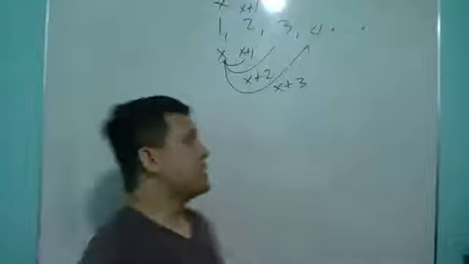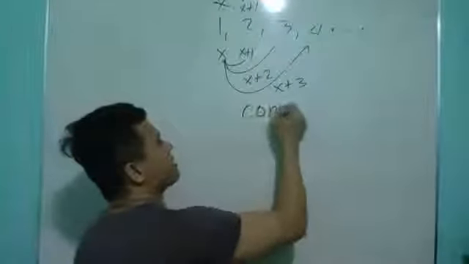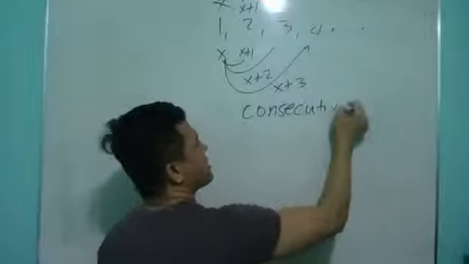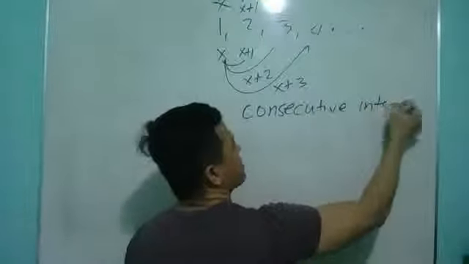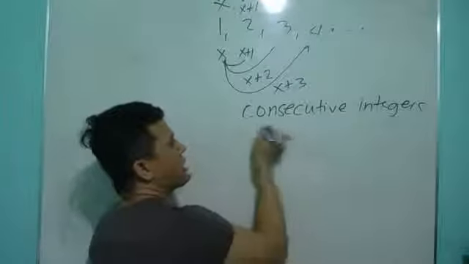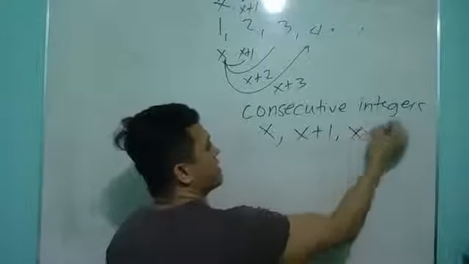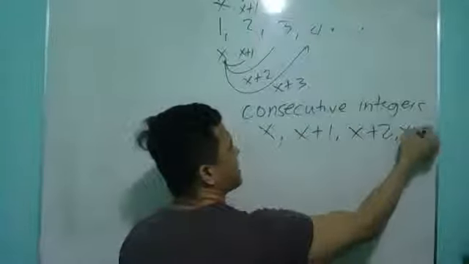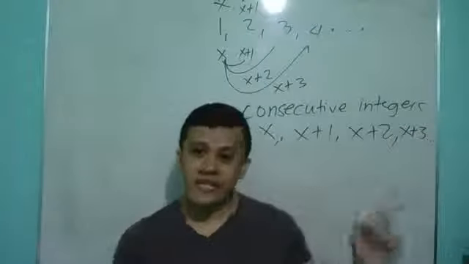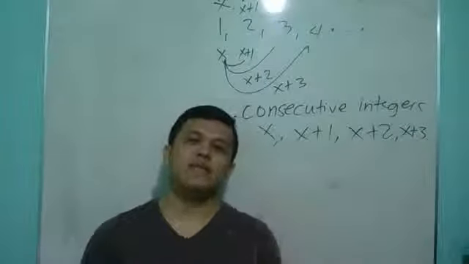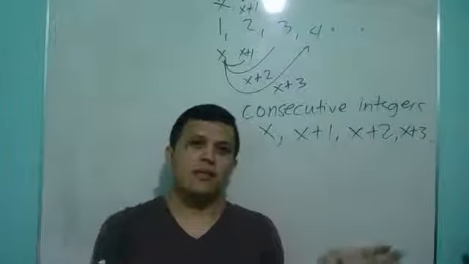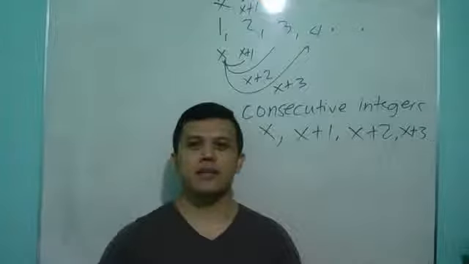So when I say consecutive integers, you represent the first integer always as x, the second as x plus 1, the third as x plus 2, then x plus 3, and so on. That's how you represent consecutive integers. Remember the phrase consecutive integers.